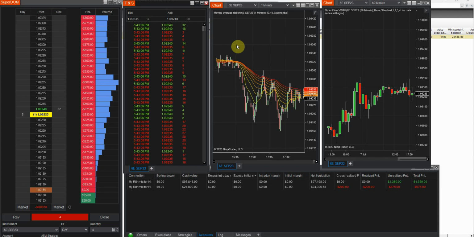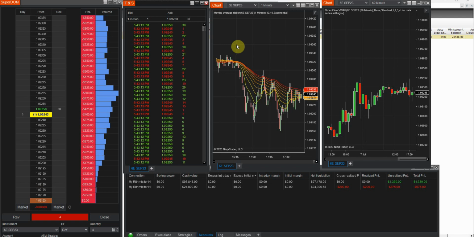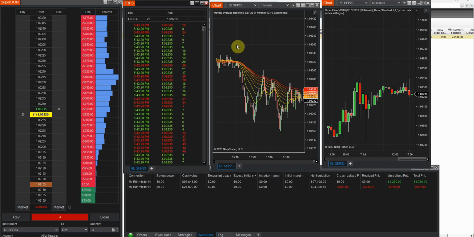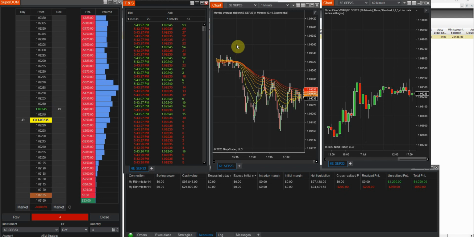Some of these orders happen really fast. There's a lot of red coming in, so people are tapping that red side, the bid side. Buyers are coming back in. There's a lot of green. And here comes the red.